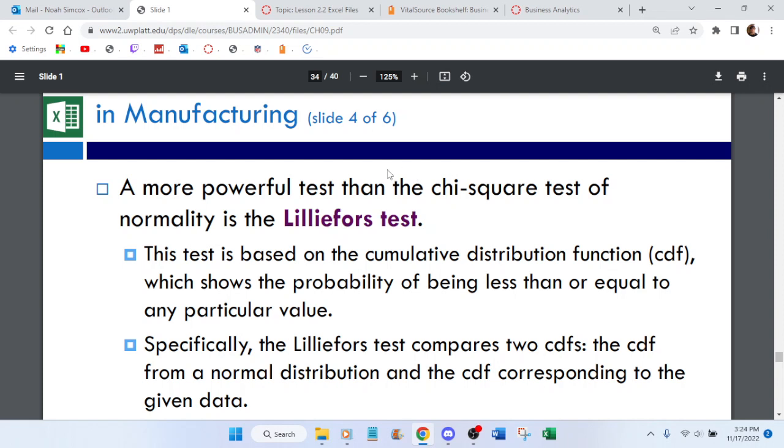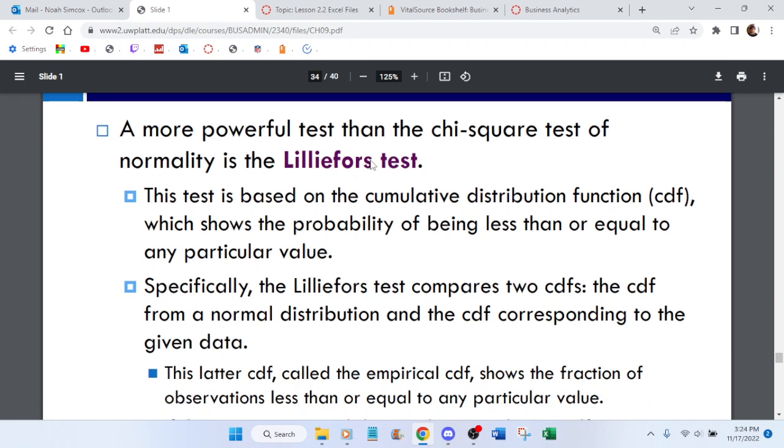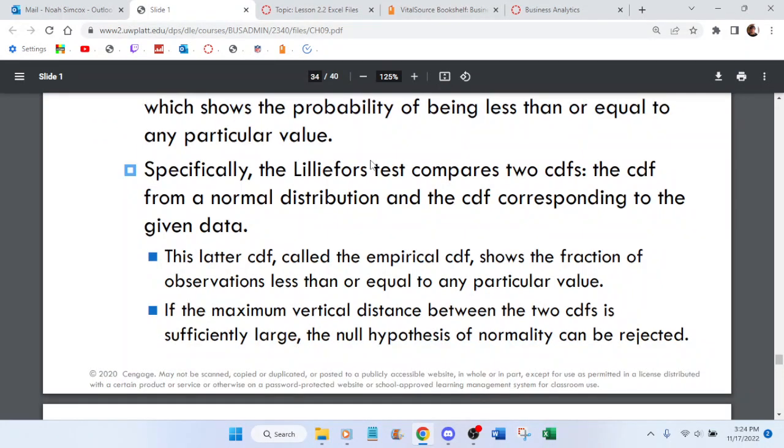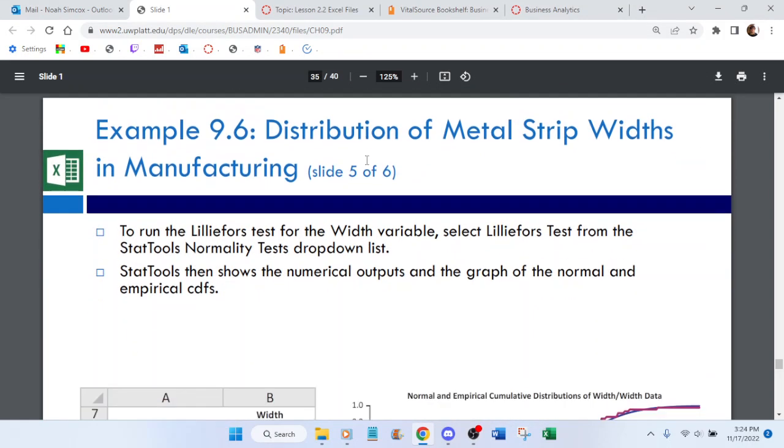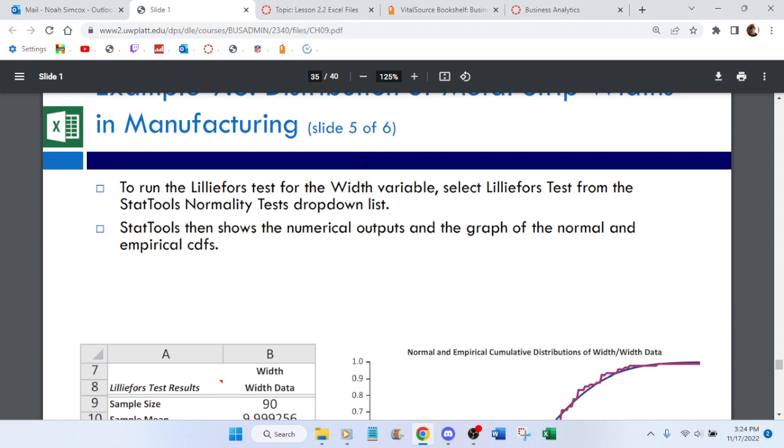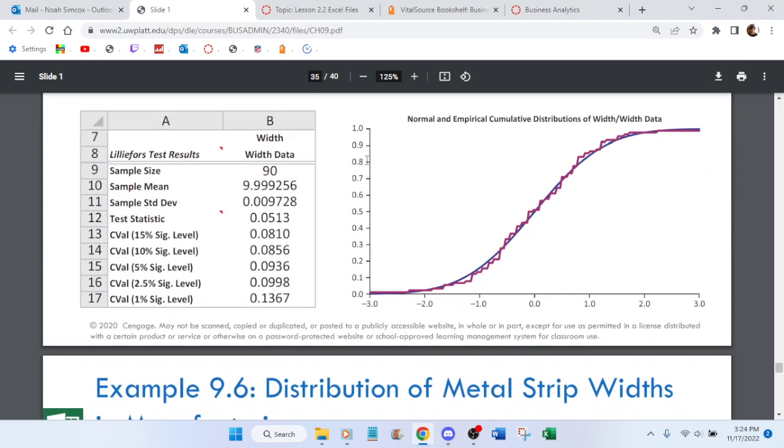Lilliefors test. That is pretty close when you look at it like that.